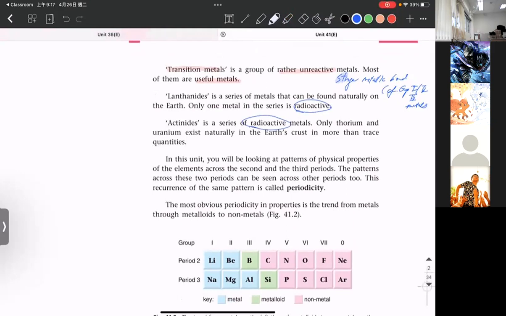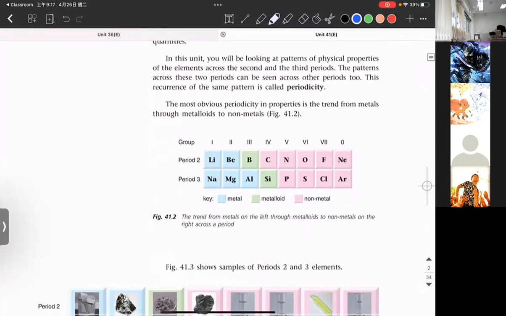We will talk about how we make use of radioactive elements in applications in human life, such as nuclear power stations, nuclear weapons, or even to understand something about the universe. Instead, we will mainly focus on the periodicity.